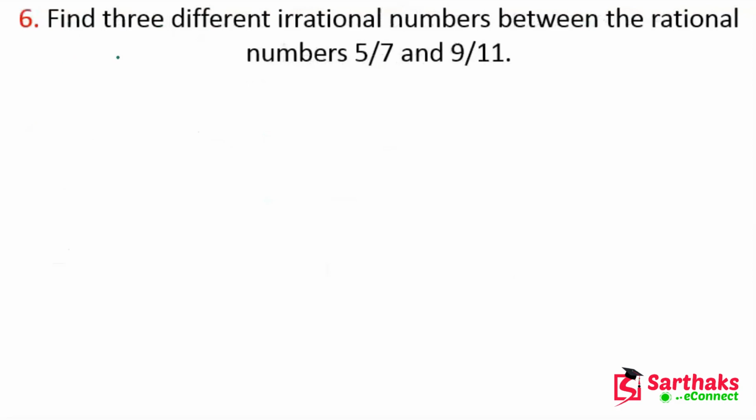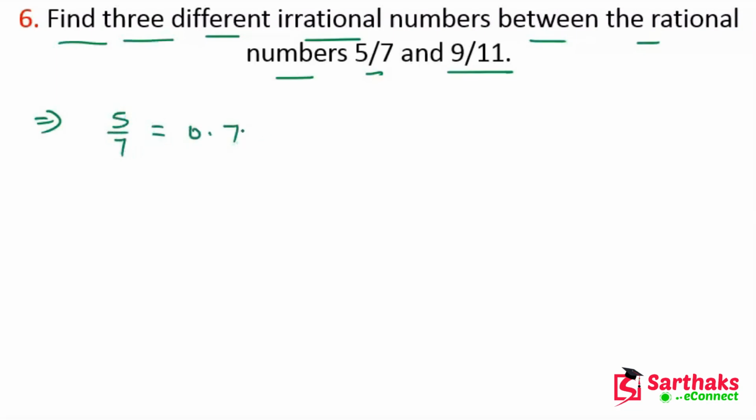So the next question is, find three different irrational numbers between the rational numbers 5 upon 7 and 9 upon 11. So first of all, we have to convert them into the decimal form. 5 upon 7, if you convert it into the decimal form, we get 0.714285 bar.